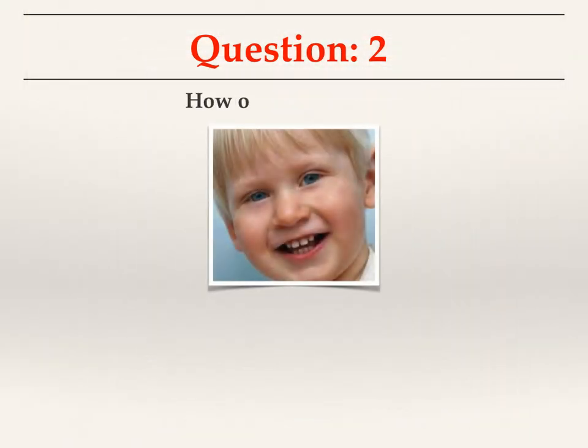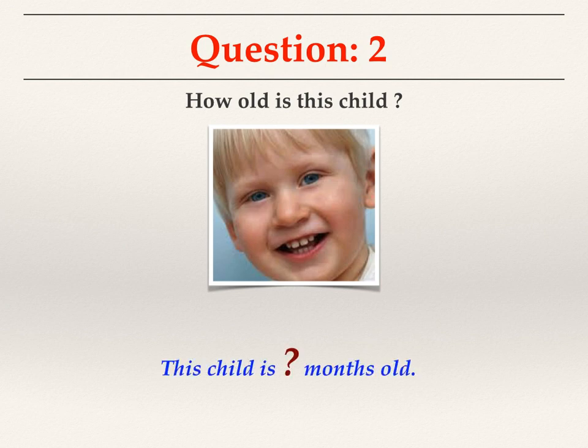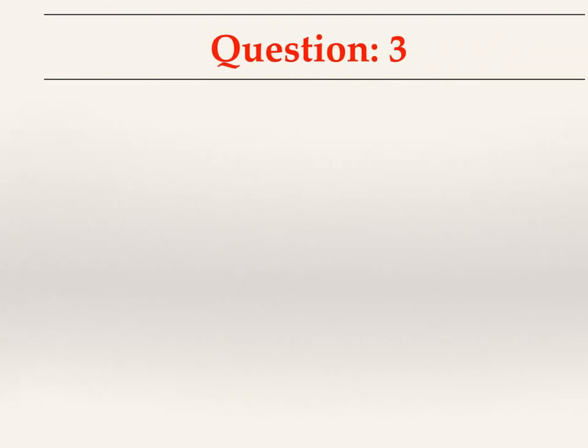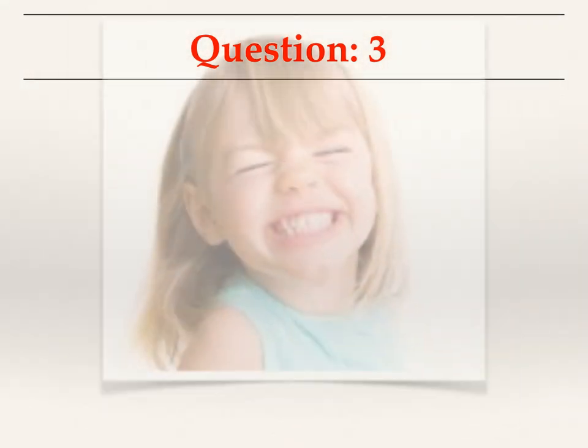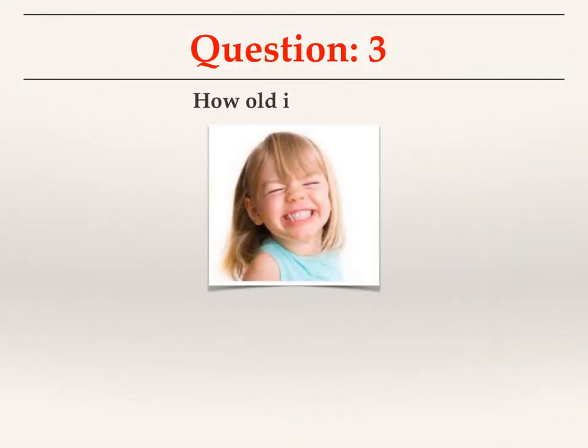How old is this child? Another question. Question 3. How old is this girl? This girl has completed the eruption of all deciduous teeth, and so this girl is more than 2 years old.